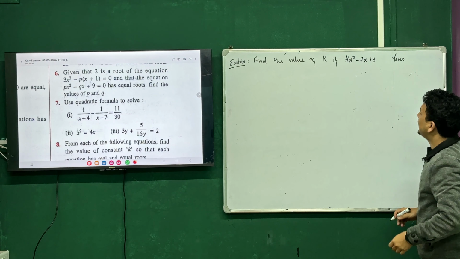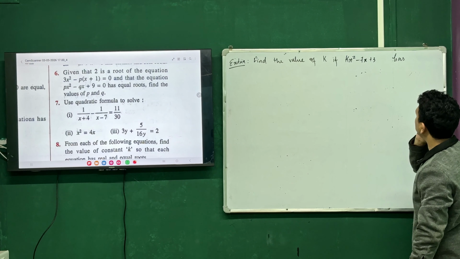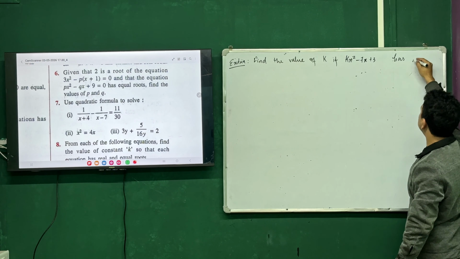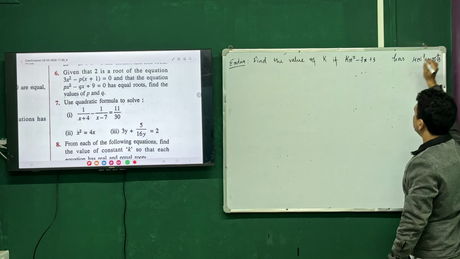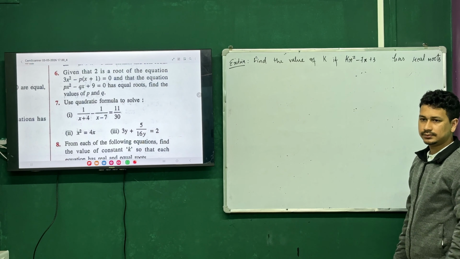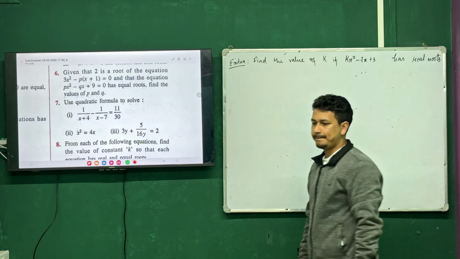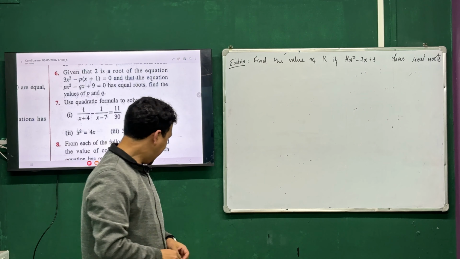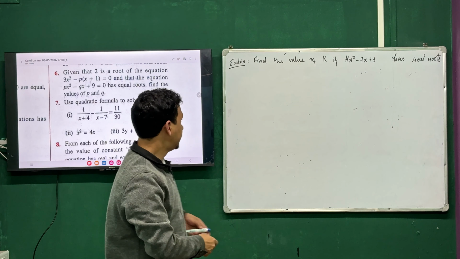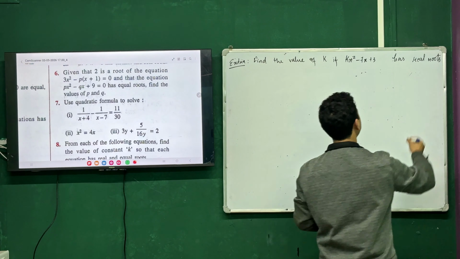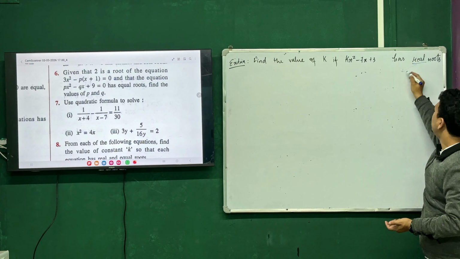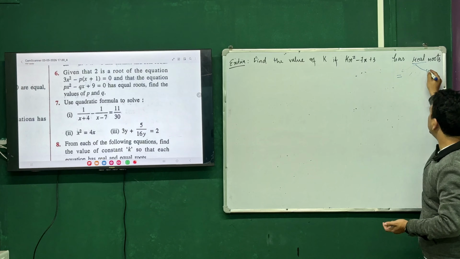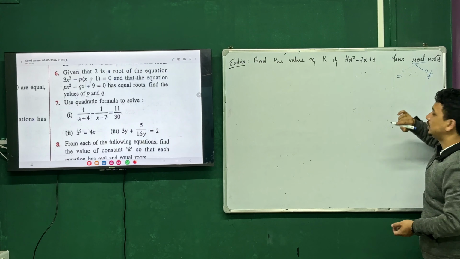Yeah. So find the value of k if kx square minus 7x plus 3 has real roots. See, I have mentioned that the roots are real, right? I never mentioned whether the roots are real and equal or real and unequal.